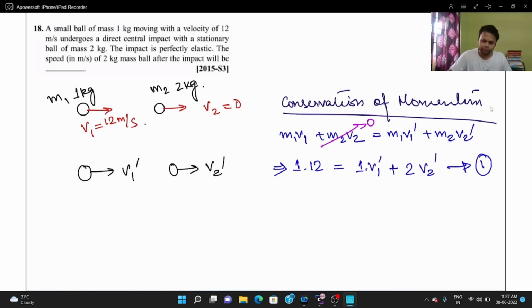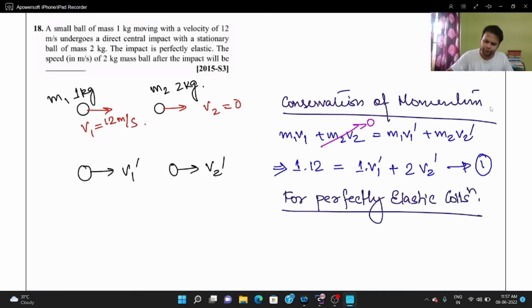Now I will have one more equation. What is that? For a perfectly elastic collision, the coefficient of restitution e is equal to 1, and e is equal to velocity of separation divided by velocity of approach.